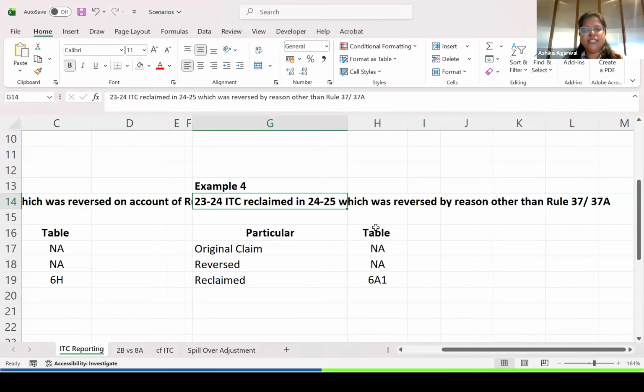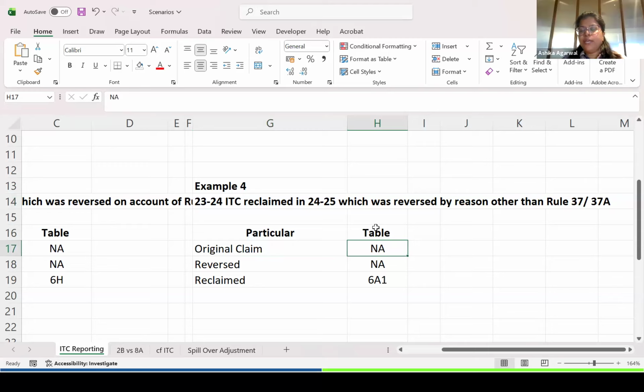One Rule 37, 37A and other than Rule 37 and 37A. Now I'm talking about last year's ITC, which you have claimed fresh. First time you have availed in 23-24, but you parked in 4B2 of 23-24. Now in 24-25, you are reclaiming ITC as you have fulfilled the condition.